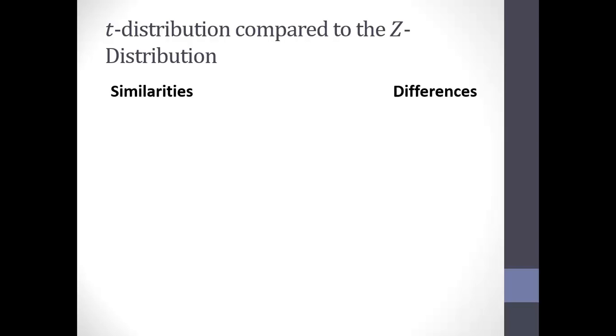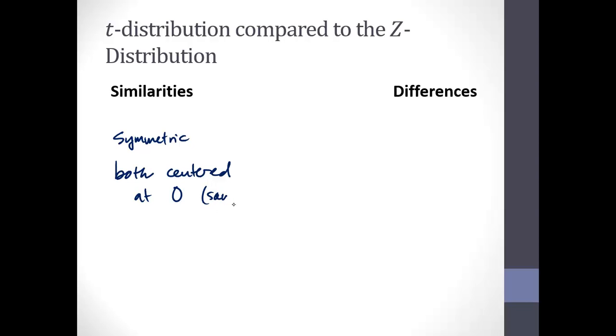Yeah, exactly. So they both have that symmetric shape we're used to seeing. What else? How else are they similar? Yeah, they have the same mean, exactly right. So they're both centered at 0.